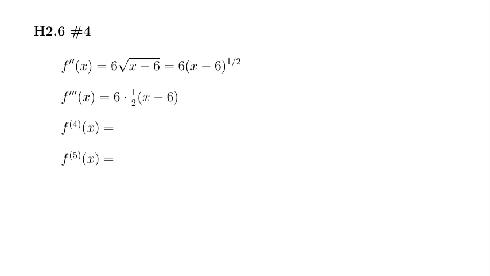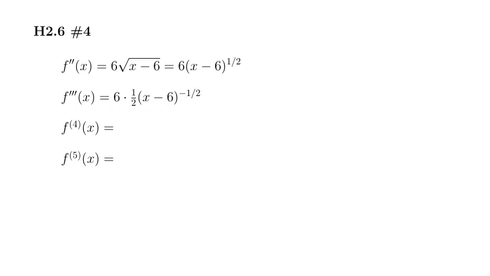Then subtract 1 from the power: initially the power is 1/2, so it becomes negative 1/2. Then multiply by the derivative inside, which is 1, so I'm not going to write that.